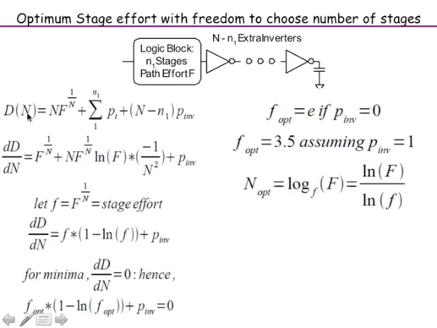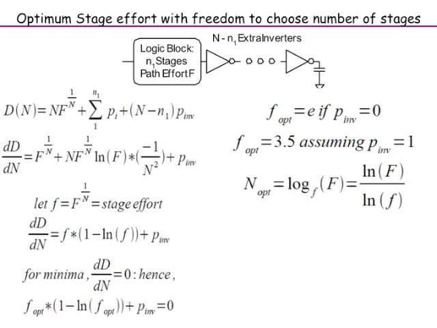The delay as a function of n, for any given n we know it is equal effort. Capital F is the total effort. Now I am replacing GBH with capital F: n F to the 1/n plus parasitics, plus if I put some extra inverters, n minus n1 pin. So now you can minimize this equation as a function of n also, because here capital F is a constant.